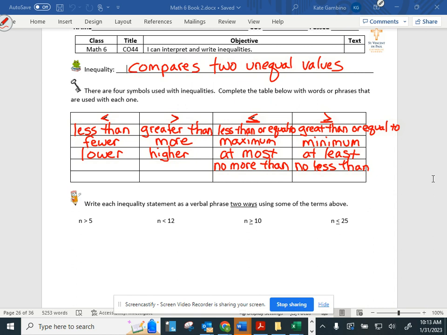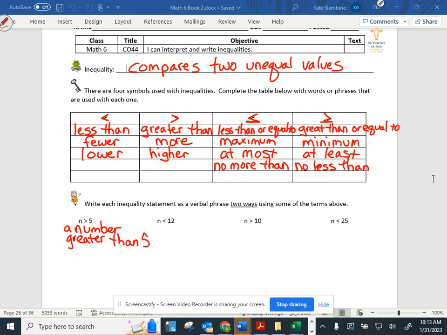It says write each inequality statement as a verbal phrase 2 ways using some of the terms above. So, how could I write this? Aiden H. A number greater than 5.